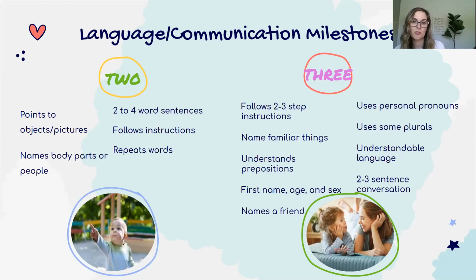They can use personal pronouns like I, or me, or we. So they can talk well enough for strangers to understand, and they can hold a 2 to 3 sentence conversation. So that could be like, I'm playing with the ball while swimming in the water. Look, it floats, something silly like that.